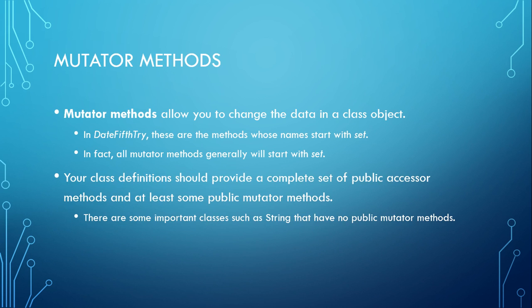Now, your class definition should provide a complete set of public accessor methods and at least some public mutator methods. What that means is that you should always allow people access to those variables. If you have a private String name, then you should have an accessor method that allows you to recall name.